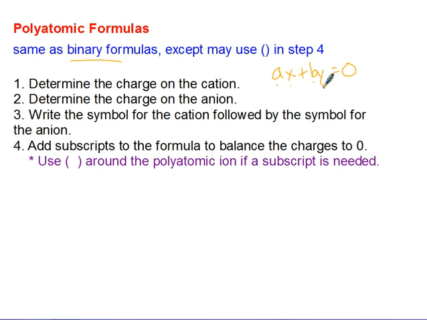But in this case, I'm going to use parentheses if I have a subscript, because if I have something like SO4 and I needed 2 of them, if I just wrote 2 of them, it looks like SO42. If I need 2 of them, I'm going to write it as (SO4)2 with the parentheses around it, so you can clearly see that there's 2 of these ions, not 42 oxygens.